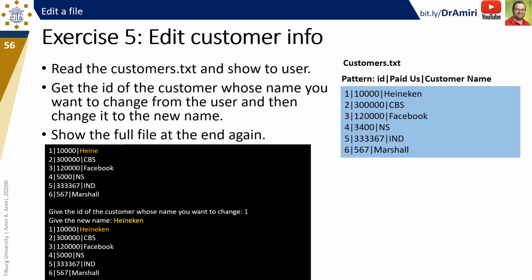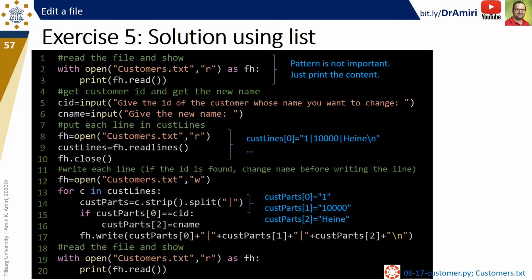The user provided a 1 and then gives the new name, Heineken. Afterward you change the file and then you show the content of the file to the user. So in this case, you see that Heineken is placed there as the name of the first company. Here is the answer to this question.